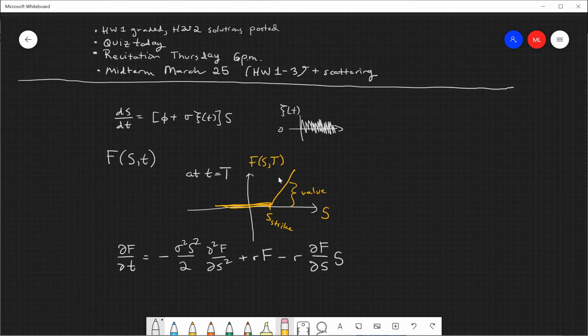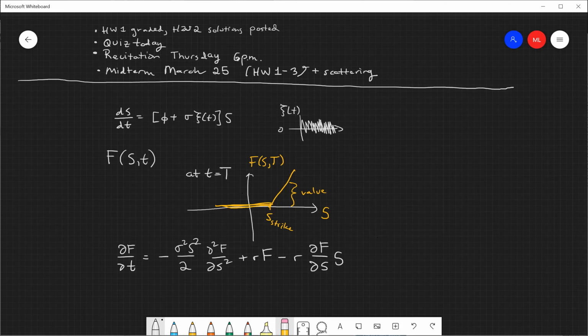The value must be however much more the stock value is above your negotiated price to buy it. So this is for what's called a call option, which is a contract to buy a stock. So this is the final condition. You have to evolve it backwards in time to see what happens to the price of the stock option for smaller times. And that's how you can determine what you should sell the stock option at some time before the expiration date.